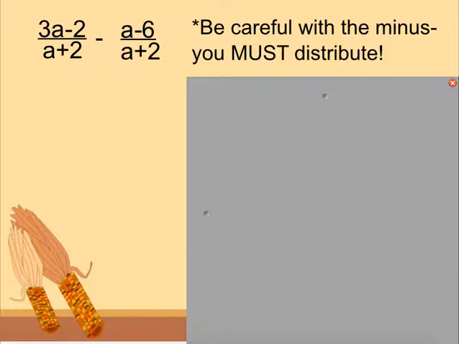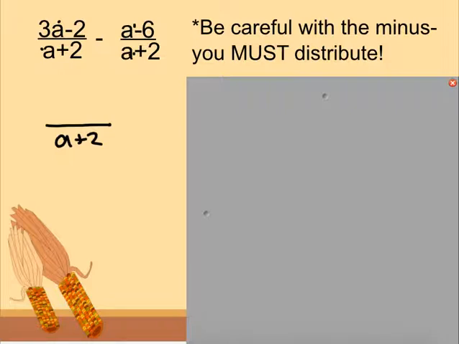Now it gets a little bit trickier when we have polynomials, because especially with subtraction, we have to distribute a little bit. So I'm going to put it over this common denominator of a plus 2, and I have to warn you once again, we cannot simplify these a's, or these a's, because they are not factors. Currently they are connected to other things with addition and subtraction.